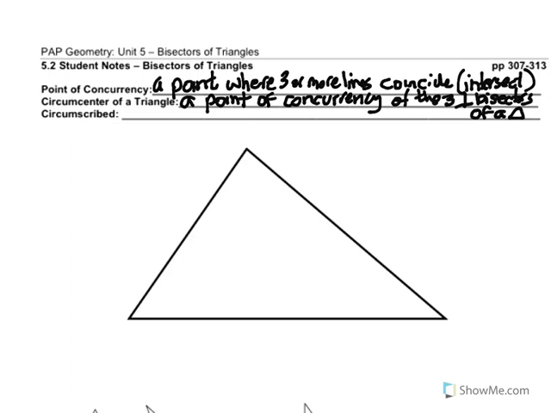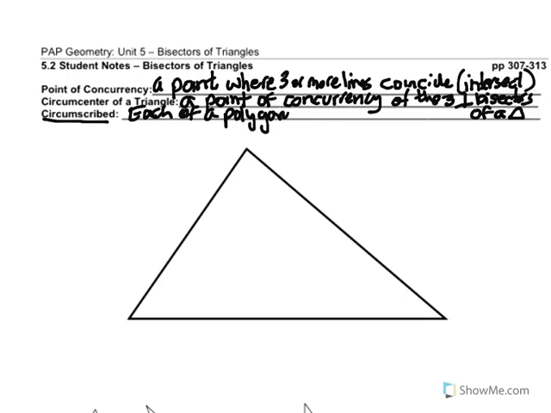And then the word circumscribed, that means each side of a polygon, not necessarily just a triangle.